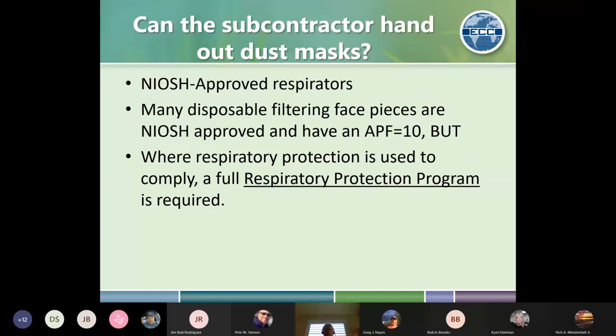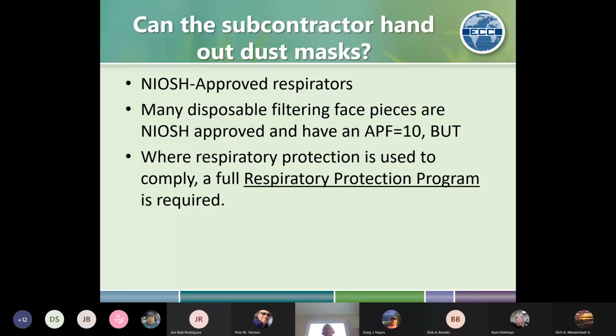Okay, so you might ask yourself, well, can a subcontractor just hand out dust masks? Well, remember, for this application, it has to be NIOSH approved respirators.